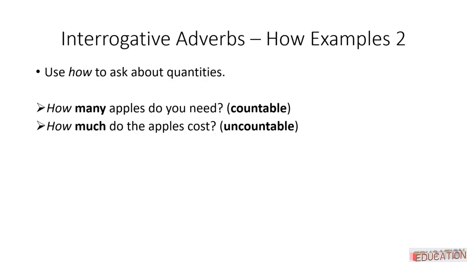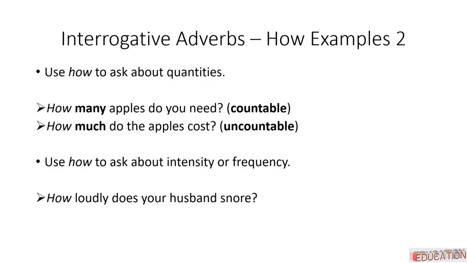And if you need a bit of revision on this, please check out the countable uncountable lecture in the noun section. And we use how to ask about intensity or frequency. So how loudly does your husband snore? How often do you go to the gym?